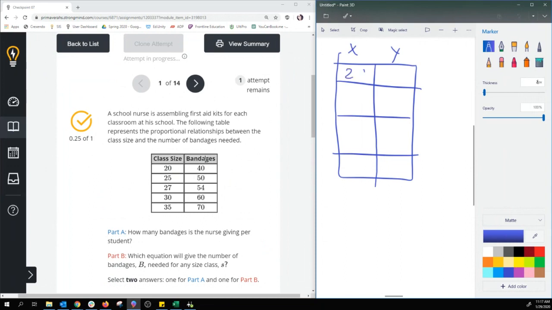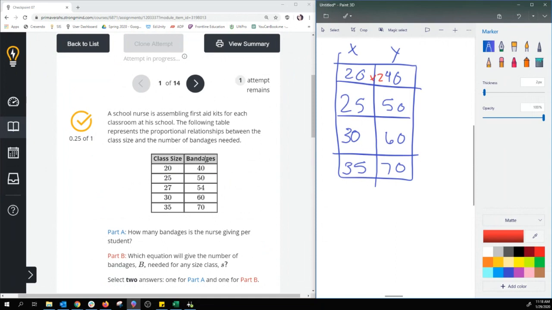Okay, so I'm just going to pick a few of these. I'm going to skip the 27. So when I'm going from 20 to 40, what am I multiplying 20 by to get 40 here? Multiplying it by 2, right? What about the 25?